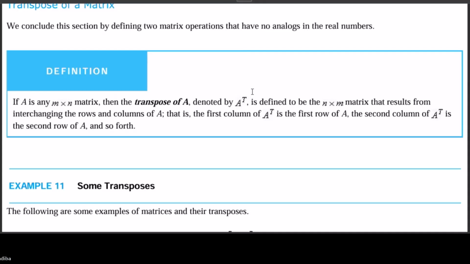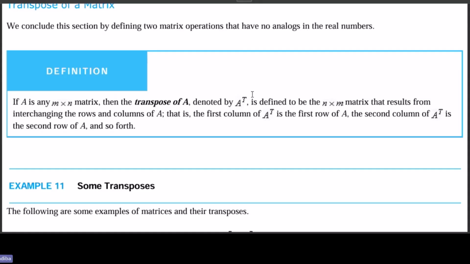Okay, here is another definition. If A is any M by N matrix, by saying A is an M by N matrix, it simply means that A is not necessarily a square matrix. Do you get that? Yes.